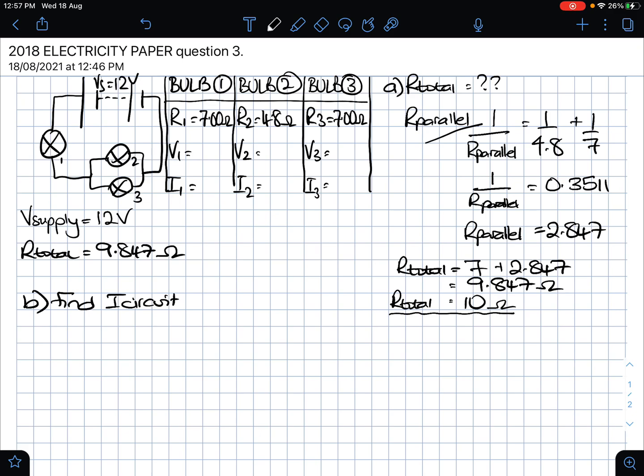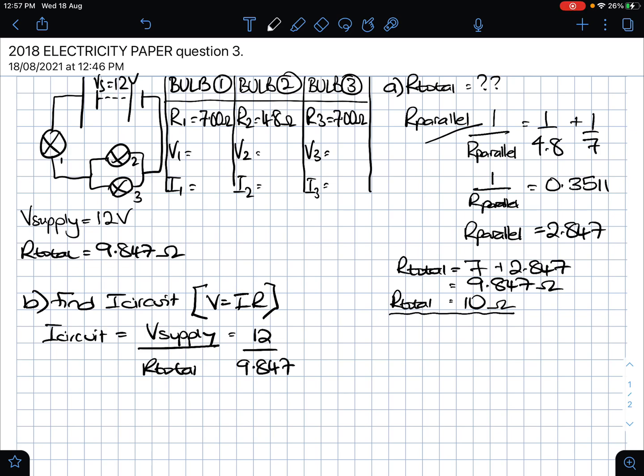And to do that, we use V equals IR, but we're going to look at that for the whole circuit. So the circuit current is going to be the supply voltage divided by the total resistance. So that is 12 divided by 9.847, and that gives us 1.22 amps.